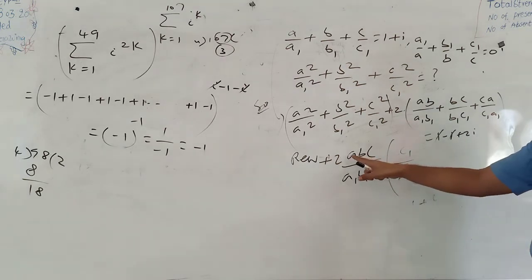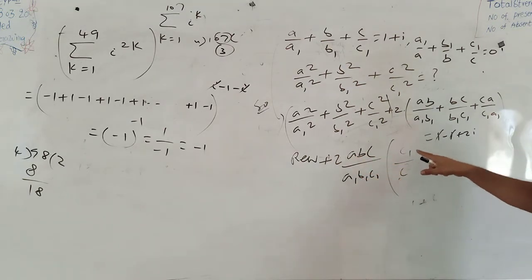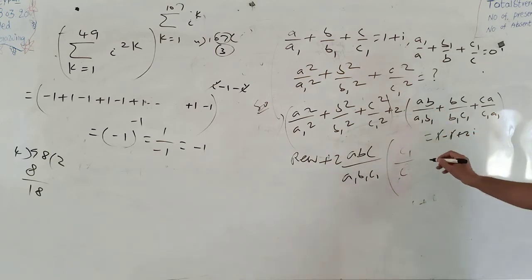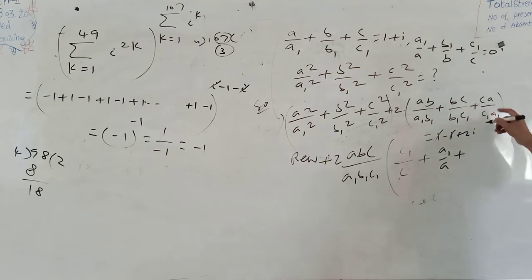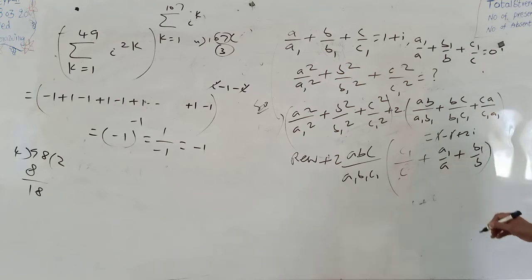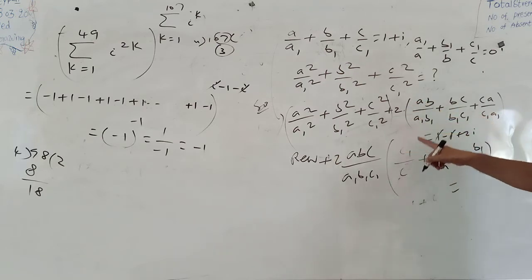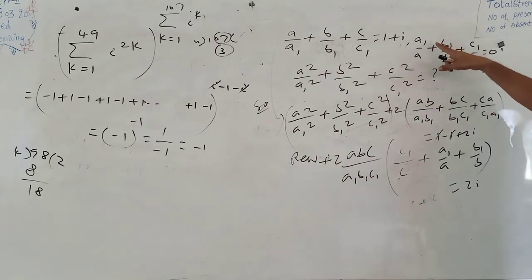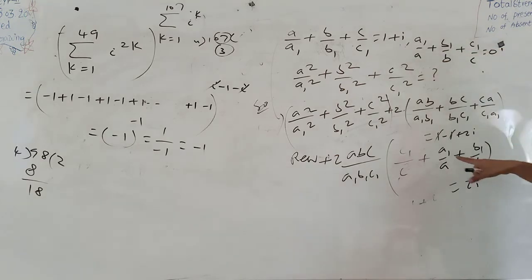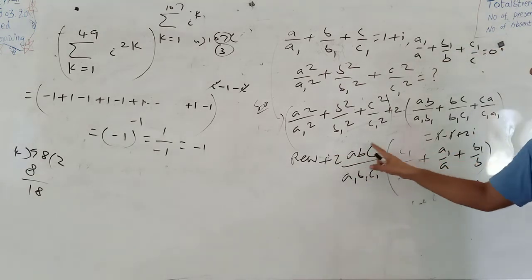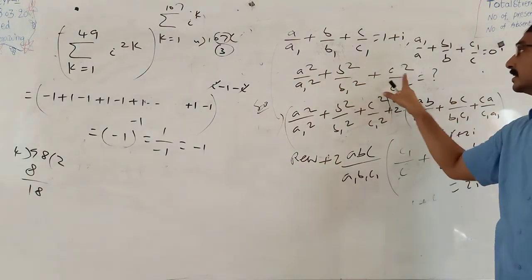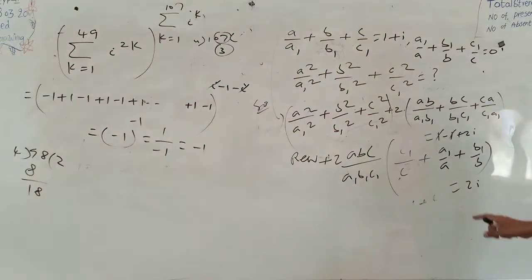See, check: abc by a1 b1 c1 into c1 by c, the c1 cancels, c cancels, leaving ab by a1 b1. Similarly here, a1 by a plus b1 by b plus c1 by c, which is equal on the right-hand side to 2i. Given that this value is 0, 2abc by a1 b1 c1 into that value 0. Finally, the required value is equal to 2i.